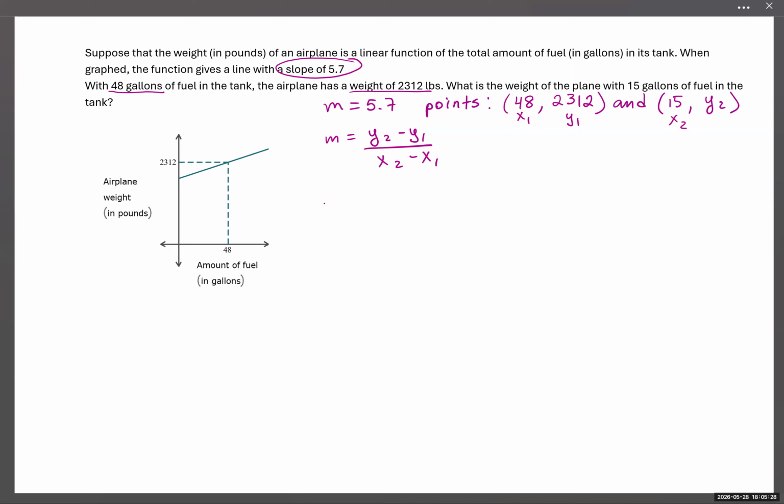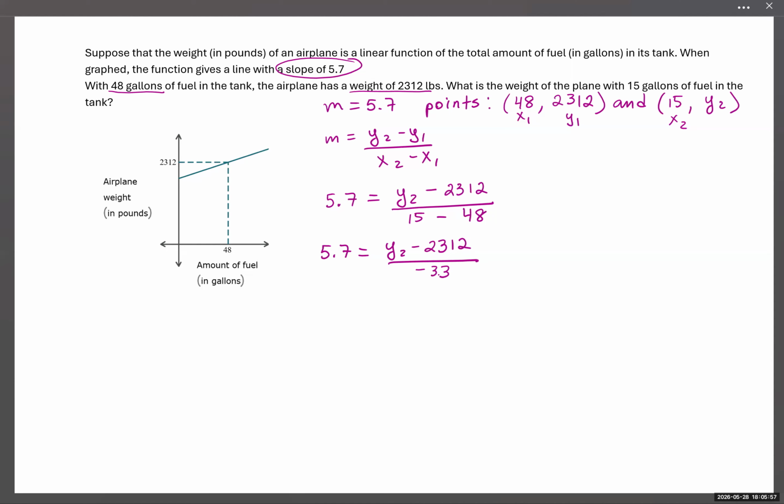The slope is 5.7, so 5.7 equals y2, my unknown, minus y1, which is 2312, divided by x2, which is 15, minus x1, which is 48. There's not much you can do with the numerator, so just rewrite that. In the denominator, 15 minus 48 is negative 33.